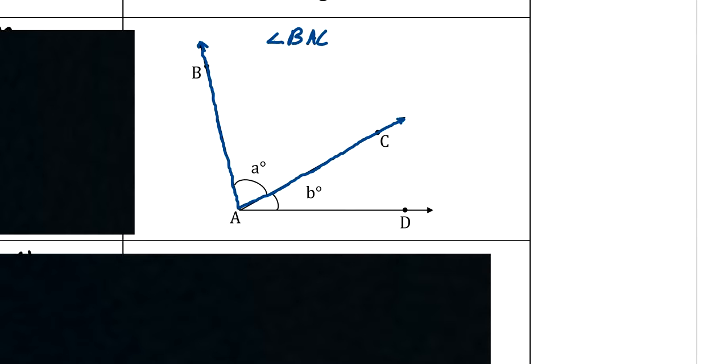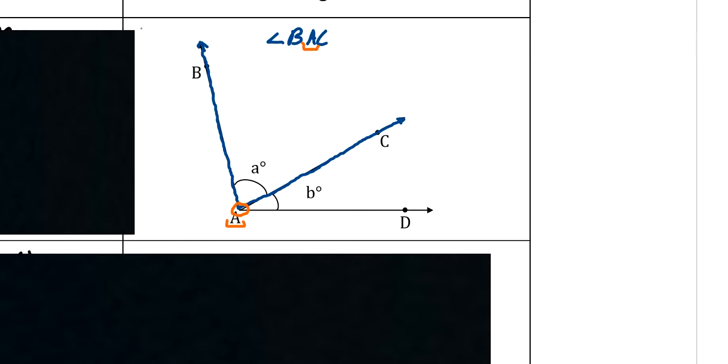Now, when you're labeling angles, there are 2 different ways you can label an angle. You can label it with 1 letter or with 3 letters. You have to know how to do both. To do the 3-letter version, you have to make sure that your vertex, which is the point where the 2 rays meet, is going to be at A. The vertex has to be the middle letter.